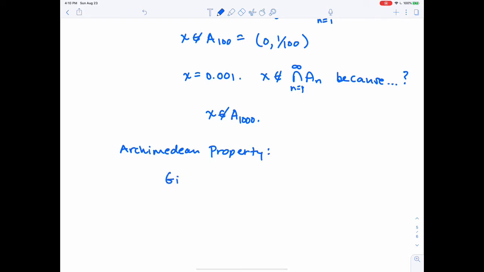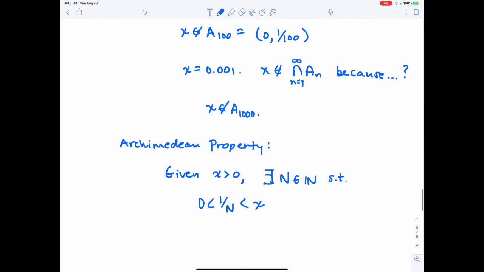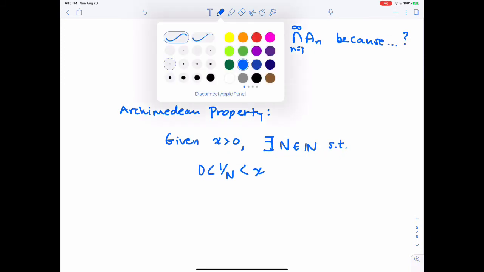It says that given an x bigger than 0, I'm supposed to be able to get a natural number, I'm going to call it a capital N in the natural numbers, such that when I look at 1 over that natural number, it's going to lie to the left of x. So that's going to be our candidate.